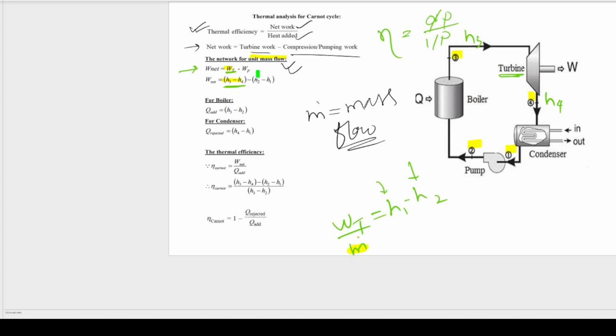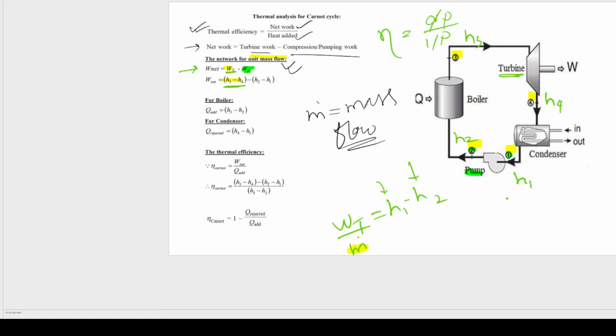I am sure that for the case of WP, that is the pump work, where is the pump? Here you can see the pump is also doing some work. So here it is having states 1 and 2, so I can very easily name them. So let's name it h1 enthalpy, and for the case of state 2 we can name it h2 enthalpy, right?